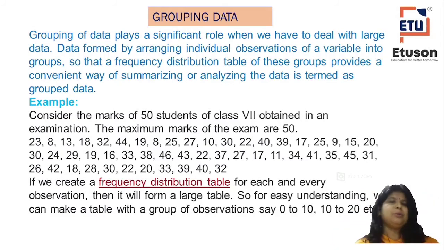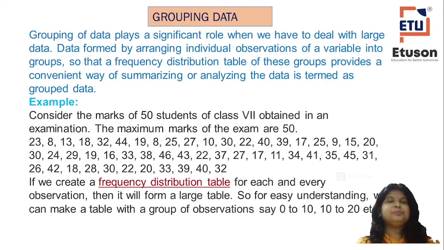So what you will do is find the minimum marks and the maximum marks obtained, and you will select classes for the marks obtained by the students. In this case, it is 0 to 10, 10 to 20, like that.